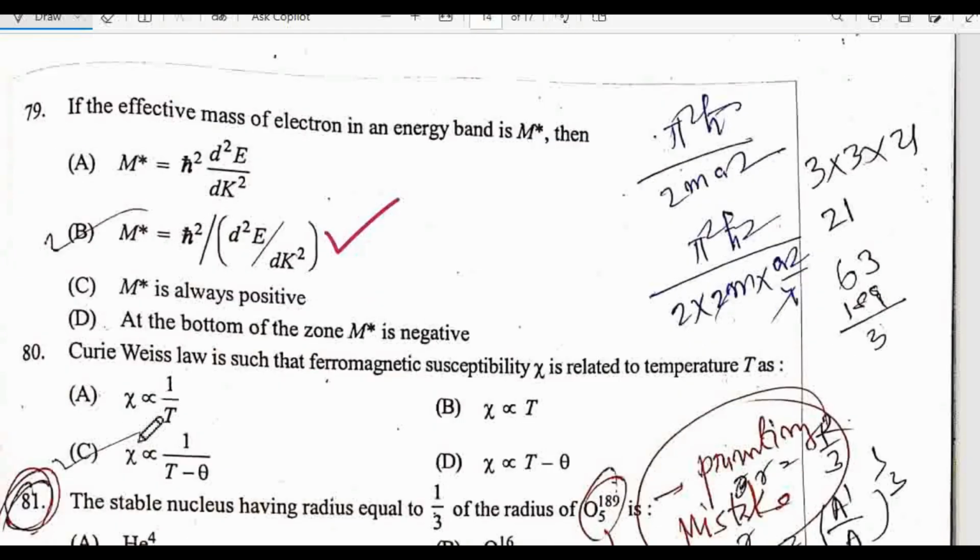Now the question is, what is effective mass? Basically, the effective mass has nothing to do with the actual or real mass of the particle. Rather, it is the effect of acceleration experienced by the electron inside the metal, or inside the crystal.